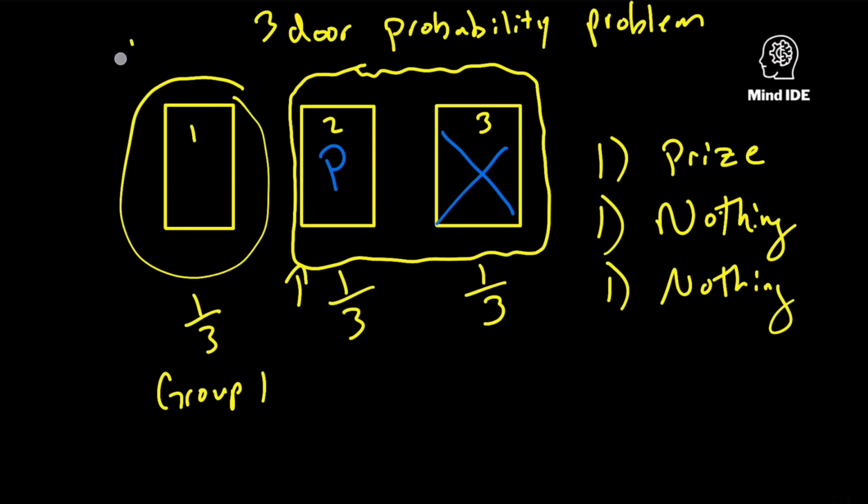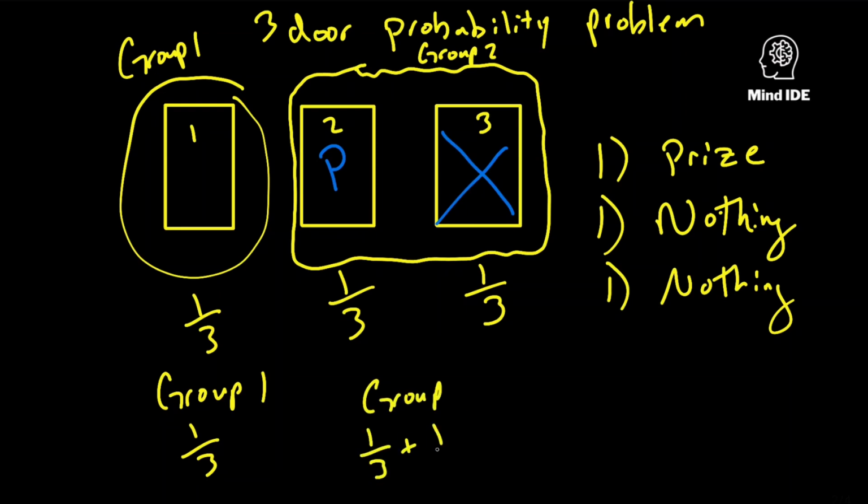This is group 1, and this is group 2. Group 1 has a 1/3 chance, and group 2 has a 1/3 plus 1/3 equals 2/3 chance. So basically what that means is if you switch, you've actually increased your odds to 2/3.